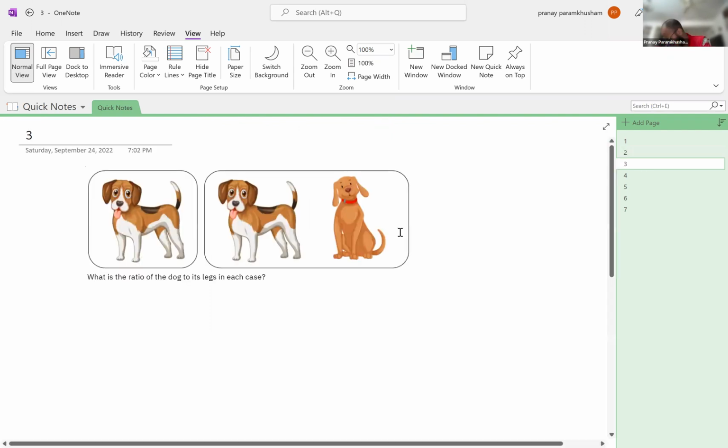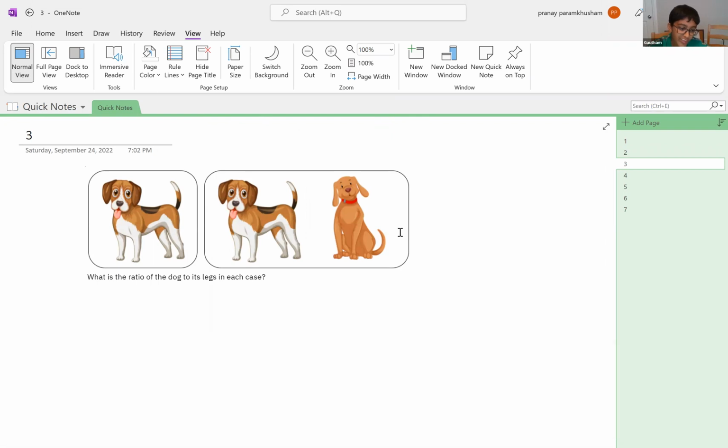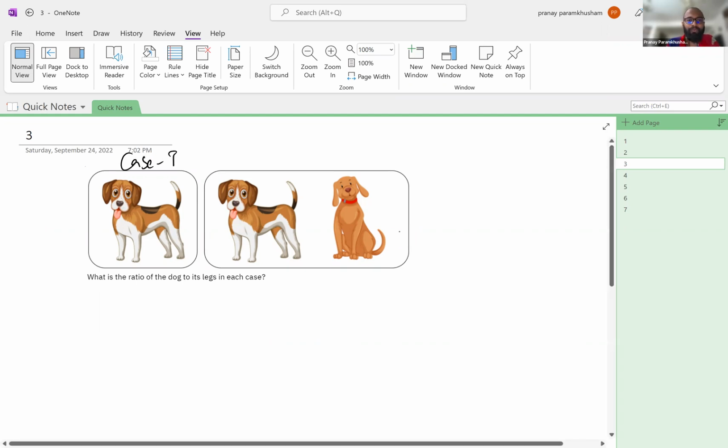Okay, can you try this? What is the ratio of the dog to its legs in each case? This is case 1 and this is case 2.